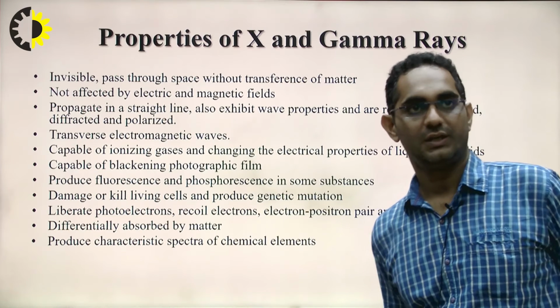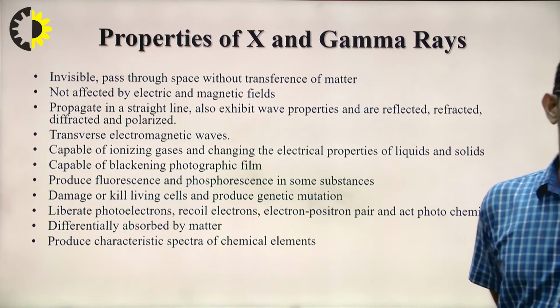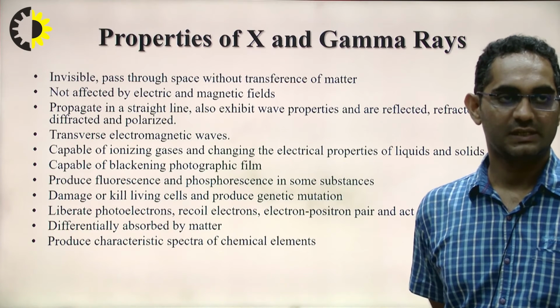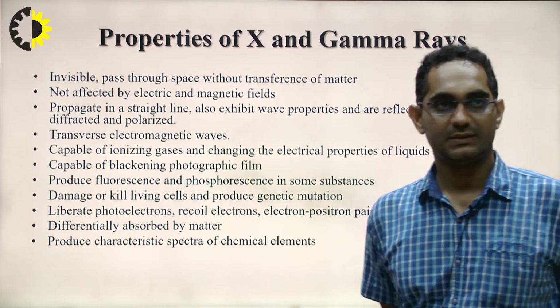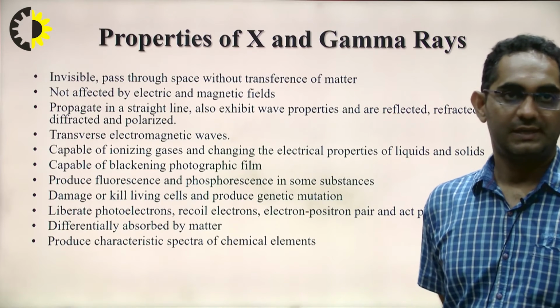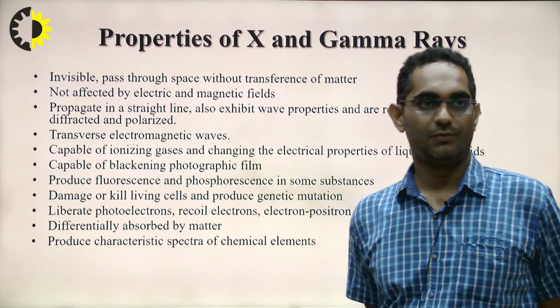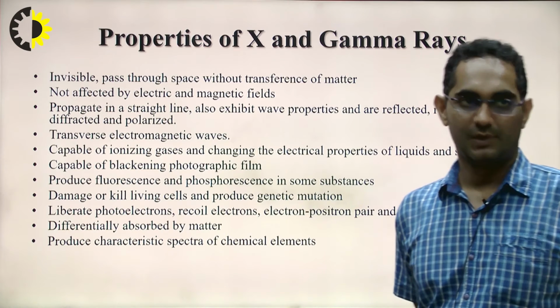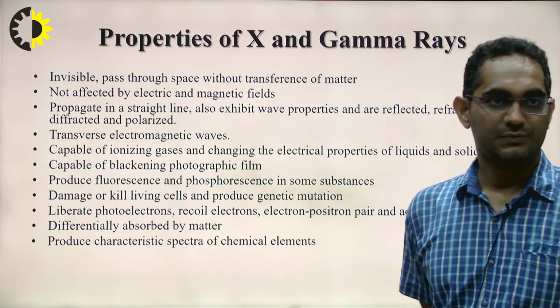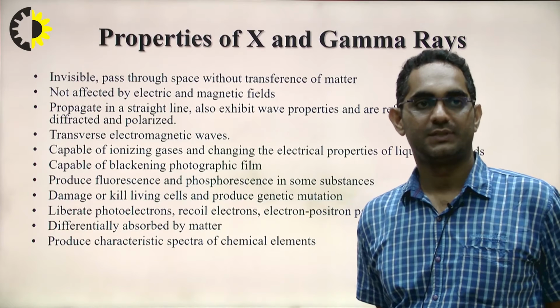Okay. So, these are the properties of X-rays and gamma rays, which are transverse electromagnetic waves. They are capable of ionizing gases and changing the electrical properties of liquids and solids. They are capable of blackening photographic film, and they produce fluorescence and phosphorescence in some substances.